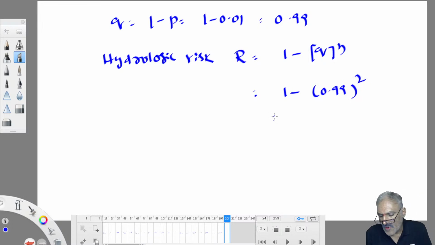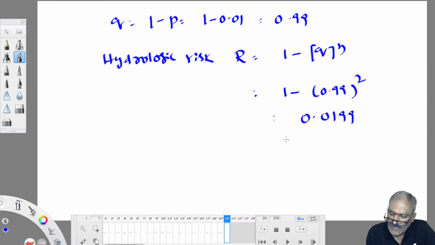So 0.99 square, that you can find out without calculator also. 0.99 square is 0.98. 1 minus 0.98 is 0.02, 0.0199. This is percentage you work out into 100. You multiply with 100 is 1.99%. That is the answer approximately.